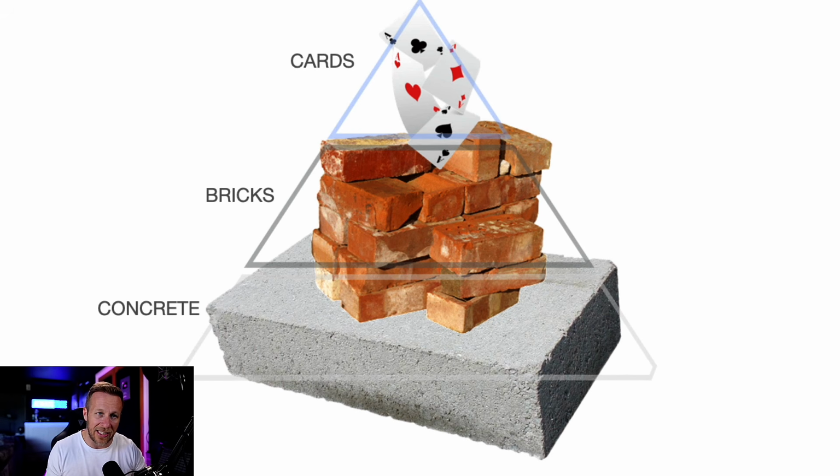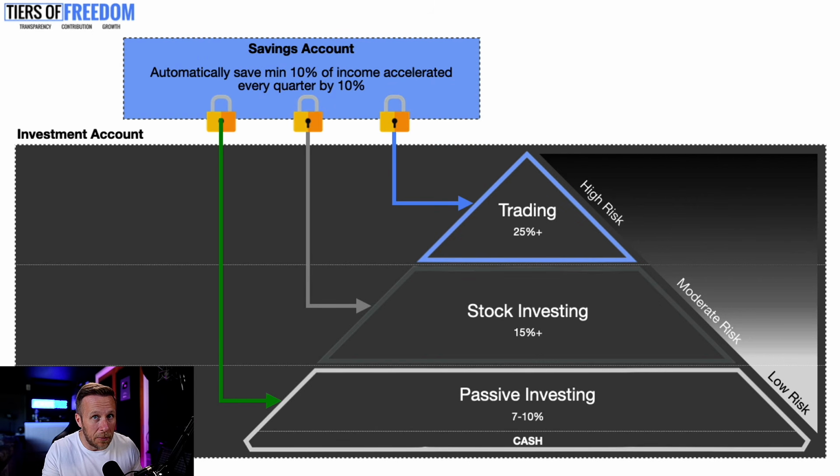And I want you to think of this as a pyramid. Now, when it comes to trading, people don't see this pyramid, but in actual fact, as you move into trading, you're going into the realms of speculation. And with speculation, yes, there's potentially more reward, there's more leverage, it requires more of your skill and time and effort to learn.